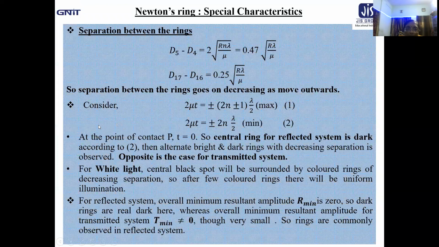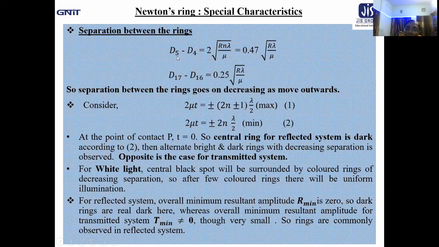Now, let us come to some special characteristics of Newton's rings. What about the separation between the rings? If you consider the two inner rings' separation, D5 minus D4, that means the fifth ring and fourth ring separation. Already we got the value of the diameter as 2 square root of Rnλ by μ.